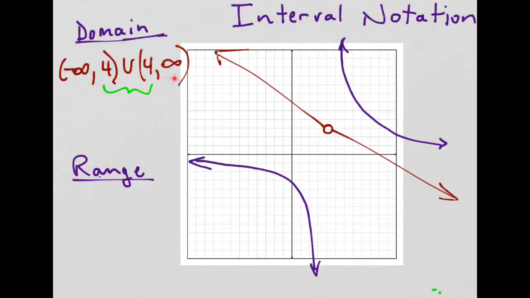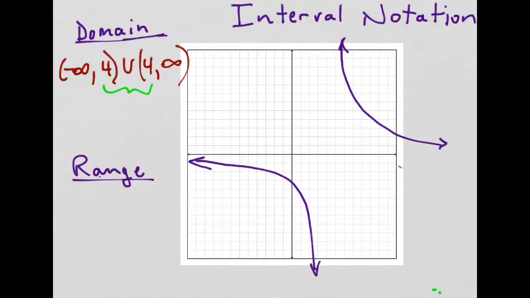So this domain here also represents a graph like this, where you've got a split here with a hole. You go from negative infinity to 4, and then you've got this whole business going on, and then you take up again 4 to infinity to represent this piece of it. So when you have a hole or a vertical asymptote, you've got to represent it with this split right here. Alright, now let's get that off of here.